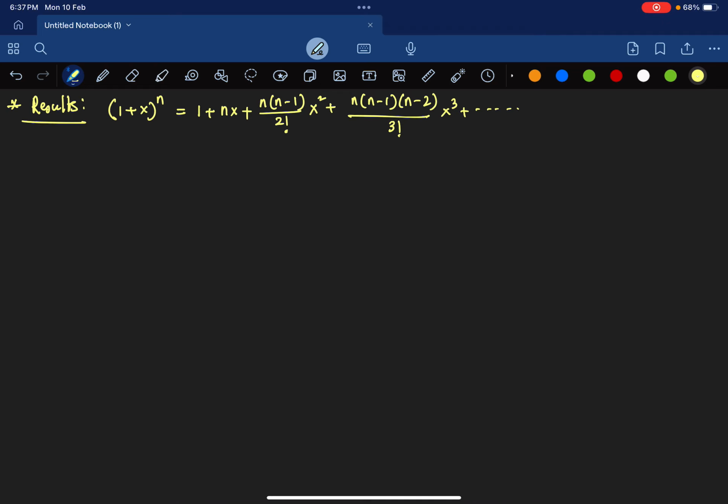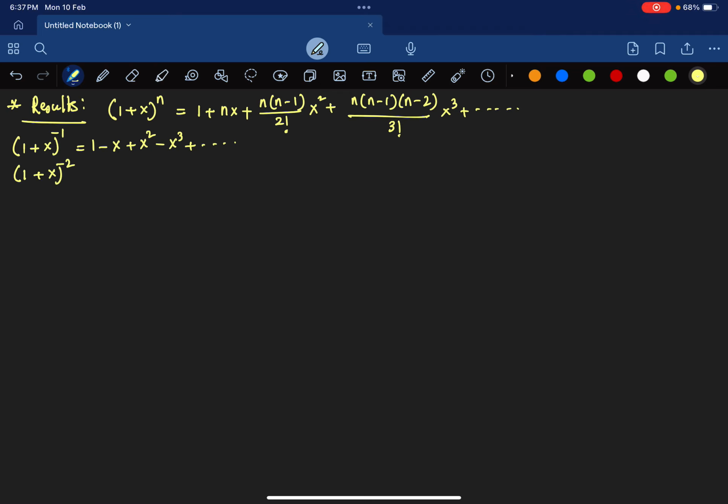If you investigate the particular case n equals minus 1, then (1 plus x) power minus 1 is 1 minus x plus x square minus x cube plus x power 4 and so on.